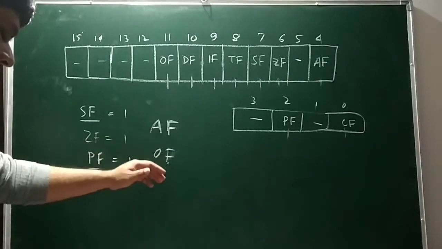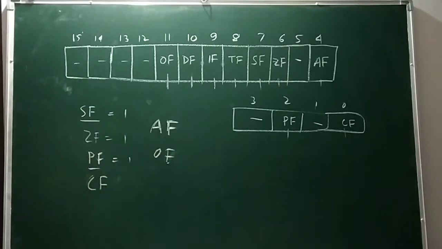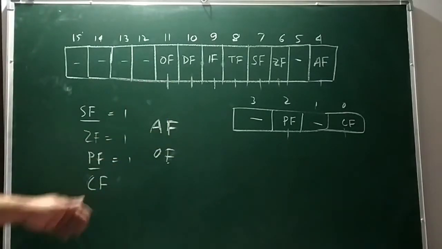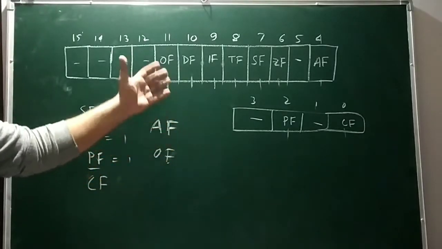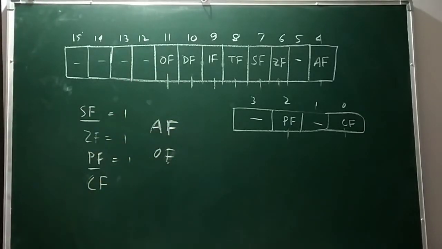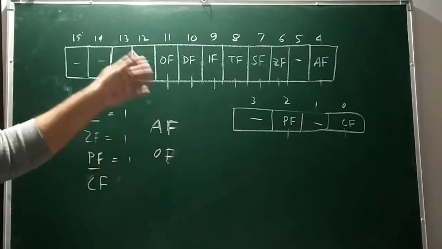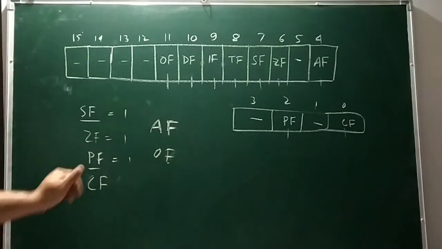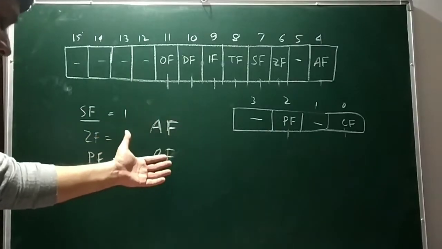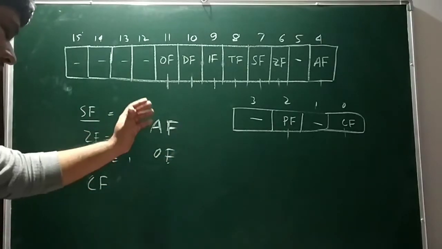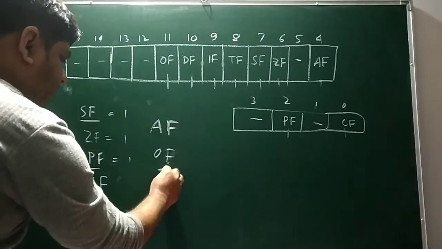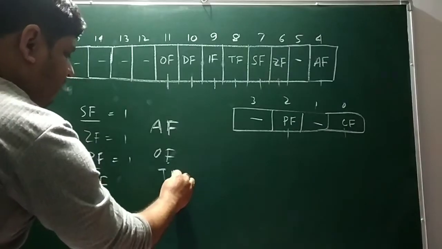If the result is more than 7 bits in size in case of 8-bit signed operation, or more than 15 bits in size in case of 16-bit signed operation, then the overflow flag will be set. Fine. Then we have trap flag, TF.